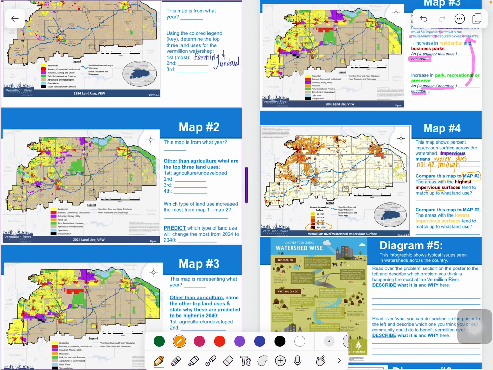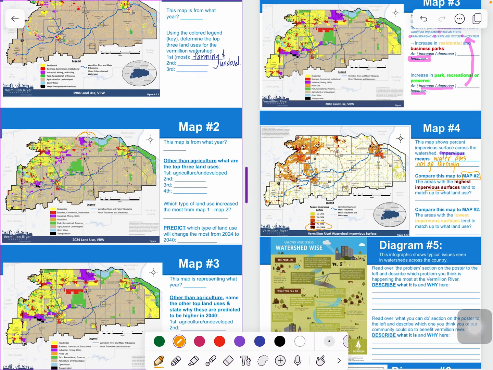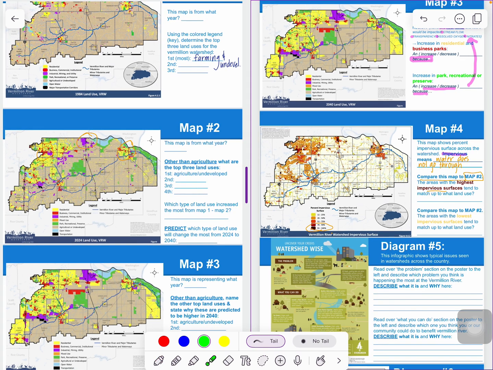So what is that dark color over here, and kind of match them up and look for those similarities. And same thing in the lowest impervious surfaces, right? What's going on here? So you will have to look at both at the same time for a comparison.